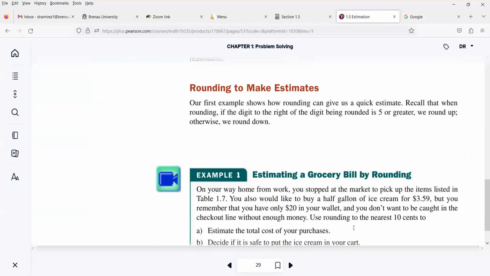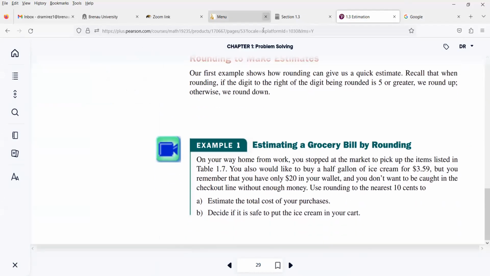Okay, so we can make estimates by rounding. Our first example shows how rounding can give us a quick estimate. Recall that when rounding, if the digit to the right of the digit being rounded is 5 or greater, we round up. Otherwise, if it's 4 or less, we round down.